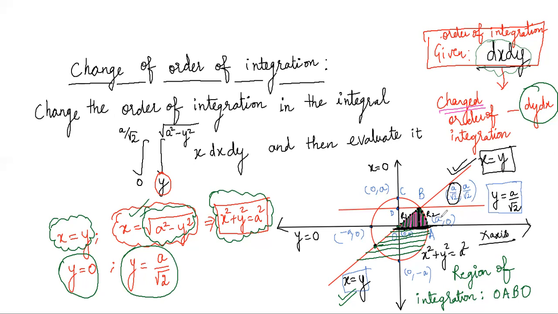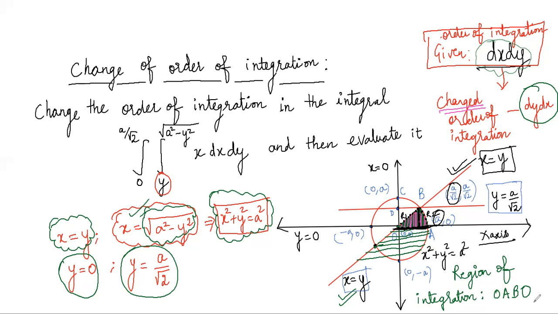And in the region R2, x is varying from a by root 2 to this point A. And at point A, what is x? At point A, x is a. So for R2, x will be varying from a by root 2 to a.